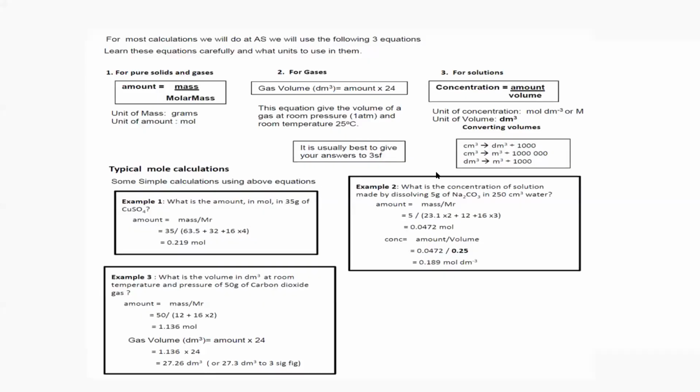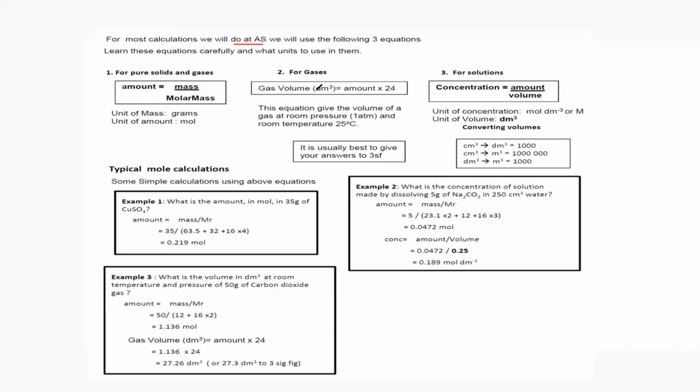Then there are some formulas which we use to calculate the moles depending on the question. For most calculations for AS, we'll use these three equations. Number one, for pure solids and gases, amount or moles equals mass in gram divided by molar mass.